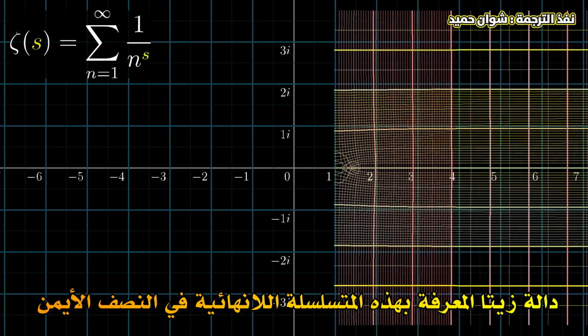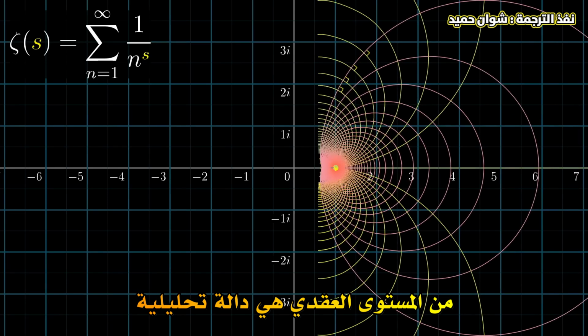The zeta function, defined by this infinite sum on the right half of the plane, is an analytic function. Notice how all of these curves that the grid lines turn into still intersect each other at right angles.